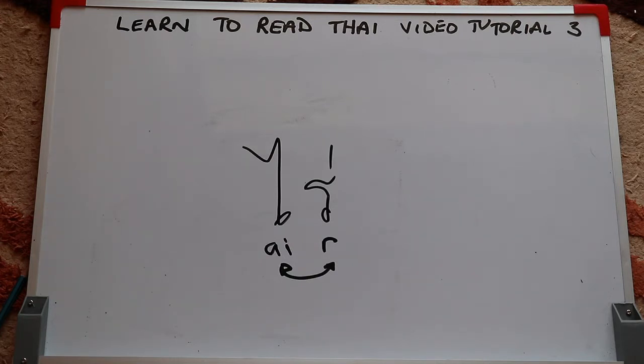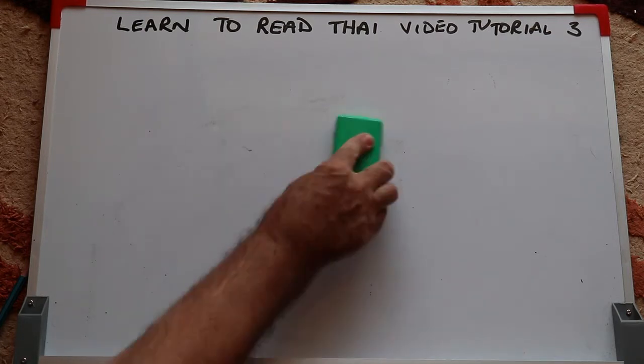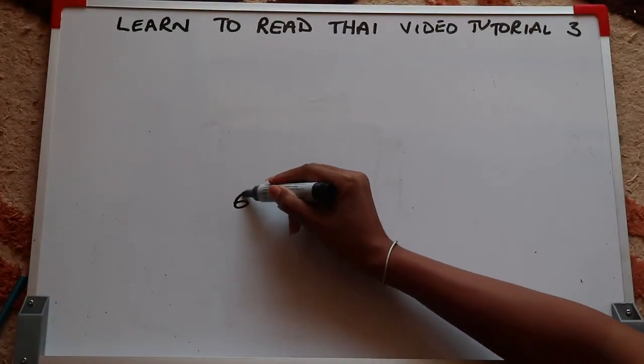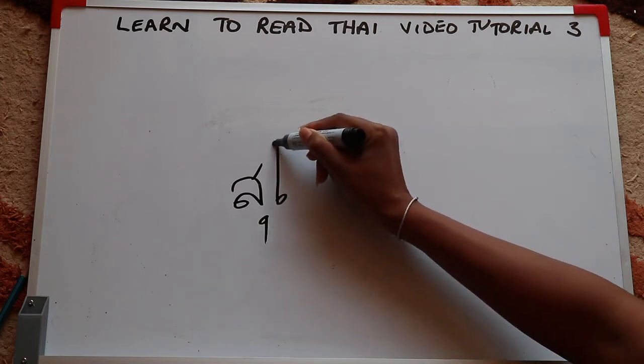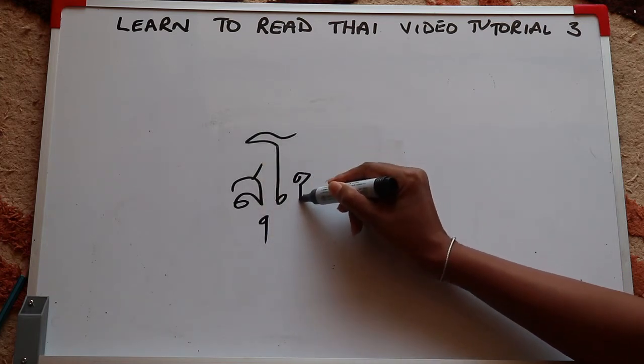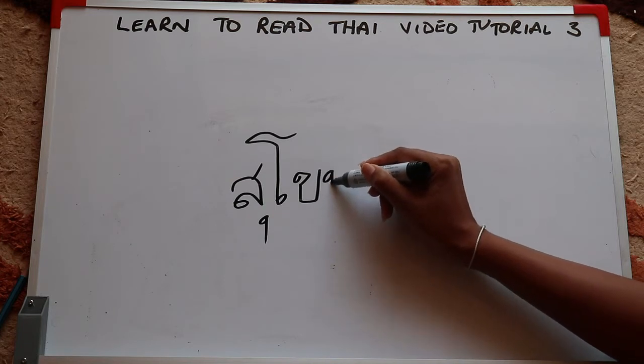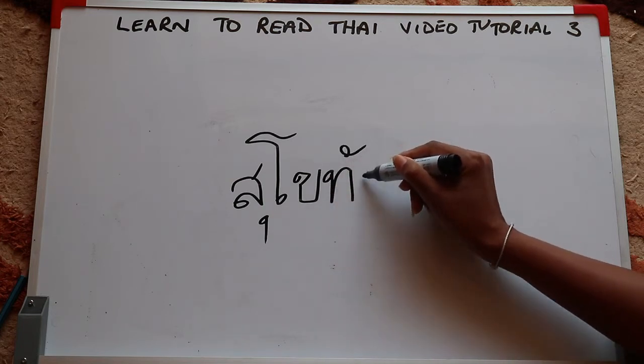So you see there the two vowels that we did today have exactly the same sound, that short I. There is actually one more way that Thais can write a short I, and you've probably heard of the city of Sukhothai. It was the Thai capital before Bangkok and Ayutthaya.